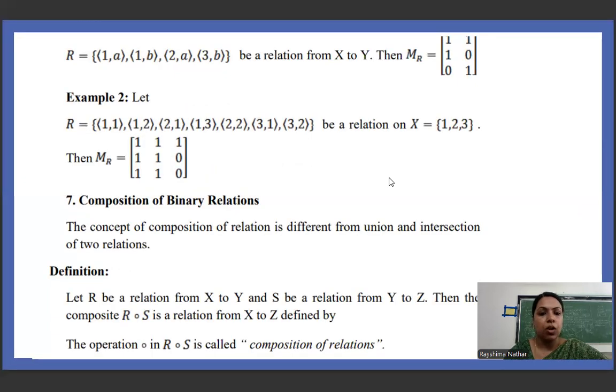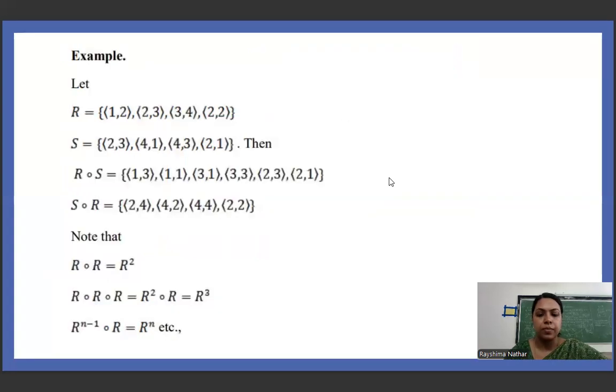Next one is composition of binary relation. Let R be a relation from X to Y and S be a relation from Y to Z. We need to compose both relations as R composite S, which is defined as follows, with the example that R and S are the relations.